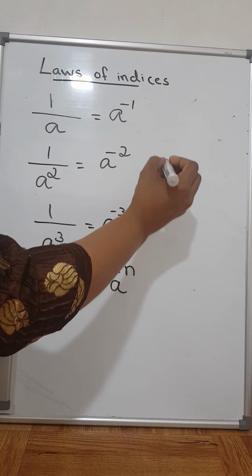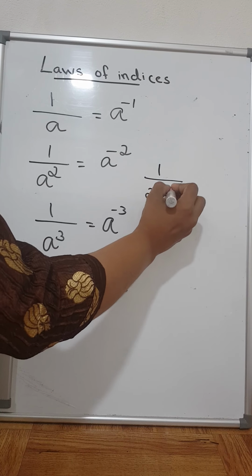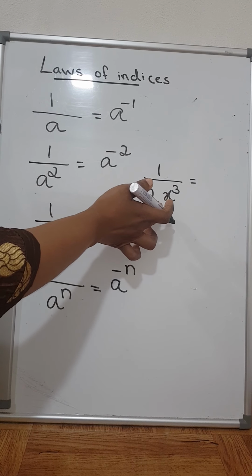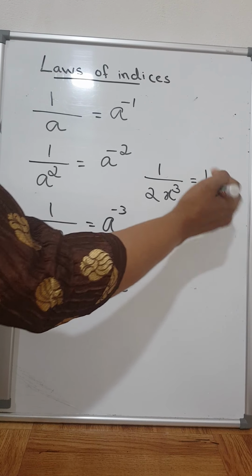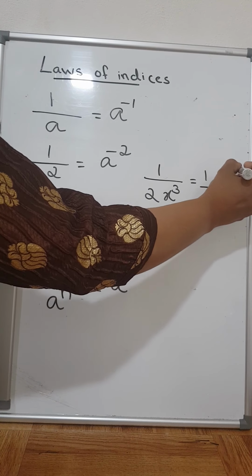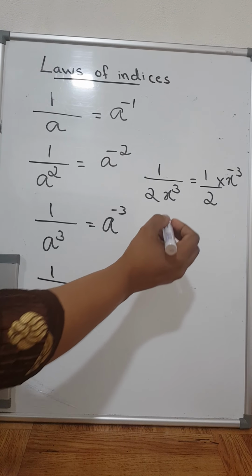Now you see, for example, if you want to take x cube to the numerator from 1 by 2x cube. You want to take only x cube, so keep 1 by 2. Take x cube to the numerator, that makes it x to the power minus 3.